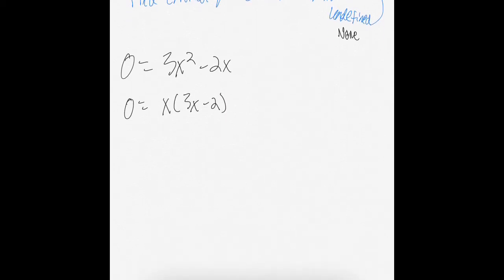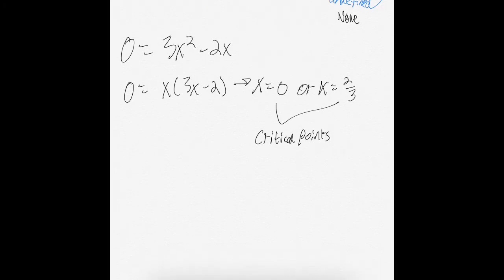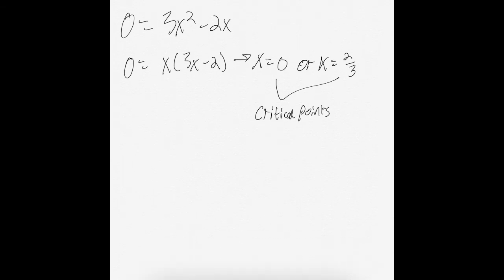Okay, so let's go ahead and set this equal to 0 then. So 0 equals 3x squared minus 2x. So 0 equals, I can factor out x, and I'm left with 3x minus 2. So that means that x equals 0, or x equals 2/3.